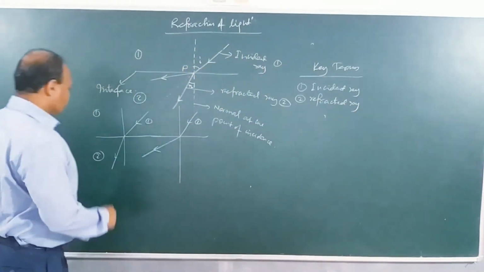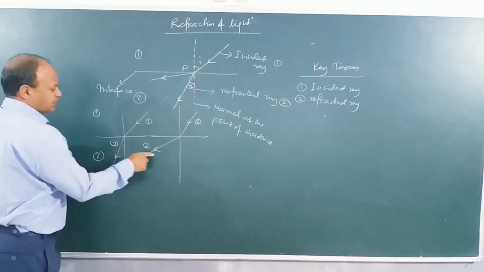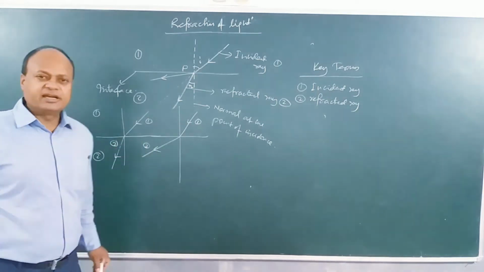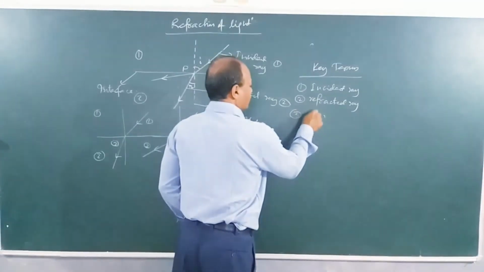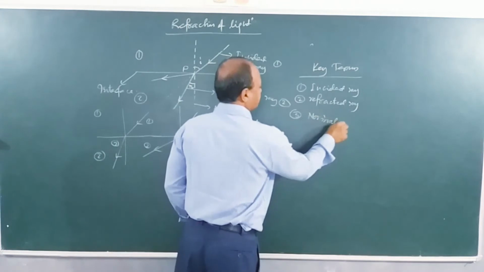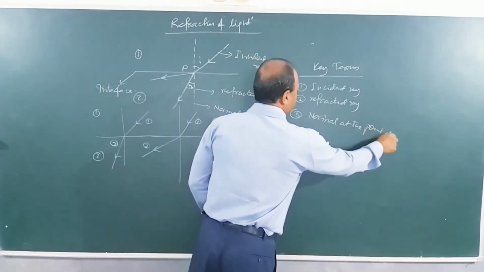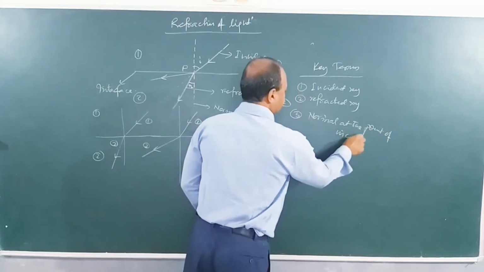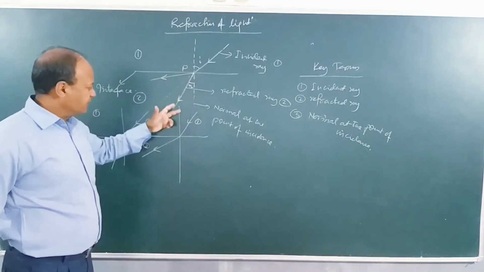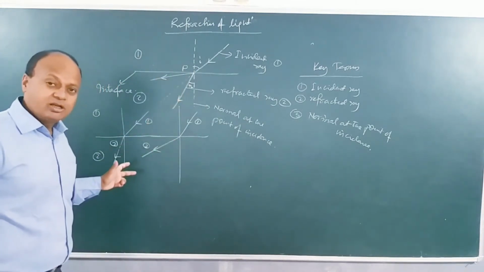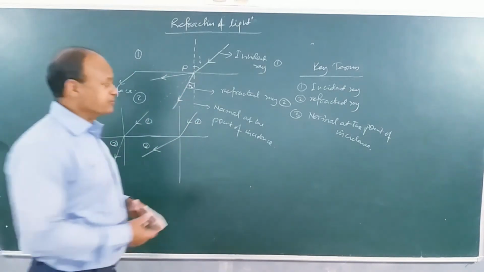So this ray 2 is the refracted ray. Third one is normal at the point of incidence, meaning the perpendicular which is drawn at the point of incidence is called normal at the point of incidence.